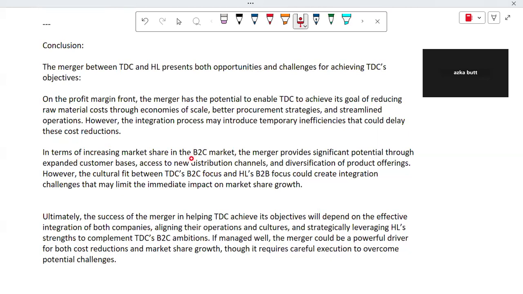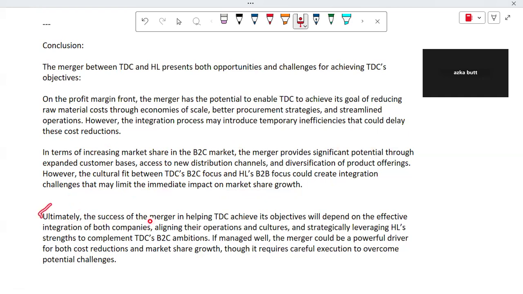And in terms of increasing market share in the B2C market, the merger provides significant potential through expanded customer bases, access to new distribution channels, and diversification of the product offerings. However, the cultural fit between TDC's B2C focus and HL's B2B focus could create integration challenges that may limit the immediate impact on market share growth.